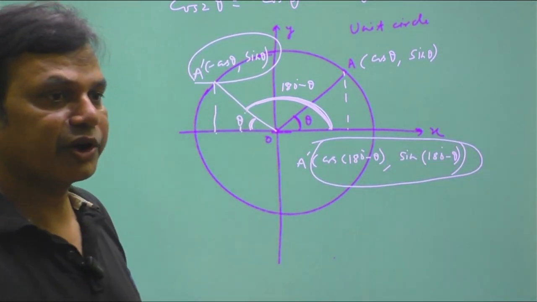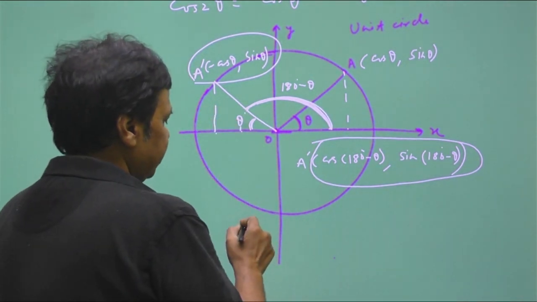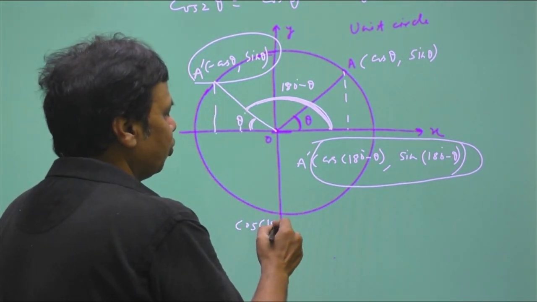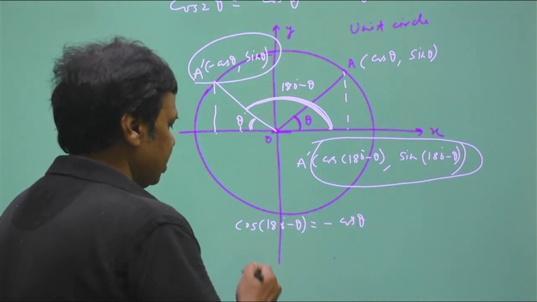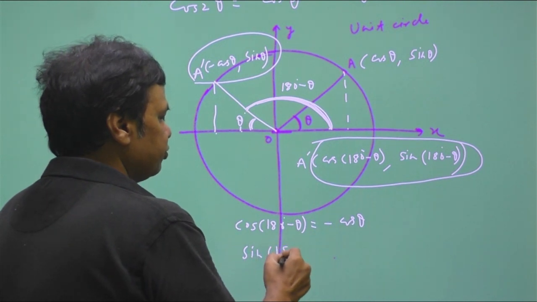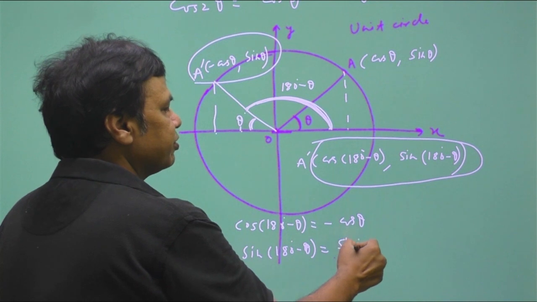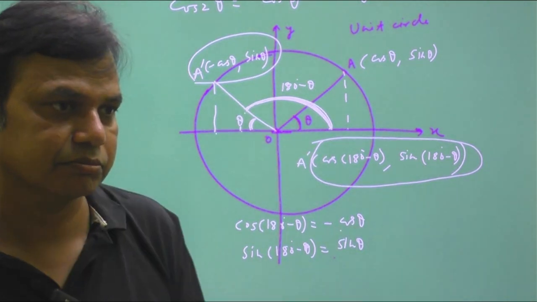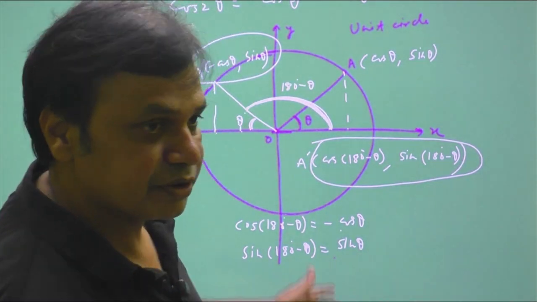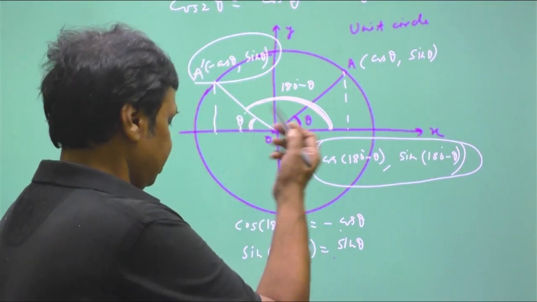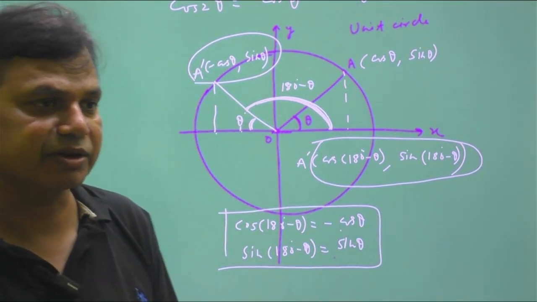Since both are the x and y coordinates of point A dash, you will get that cos 180 degrees minus theta equals minus cos theta, and sin 180 degrees minus theta equals sin theta. So this is a new result.